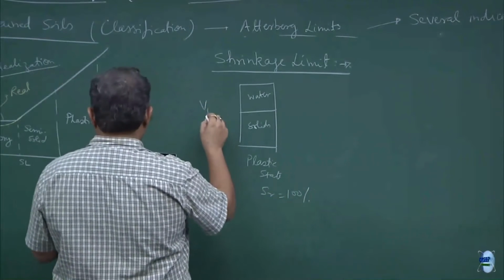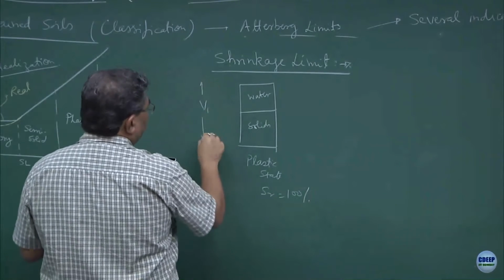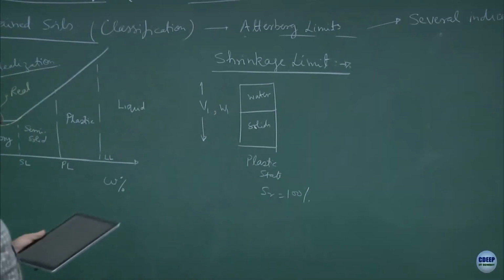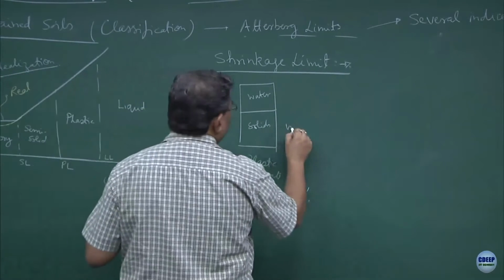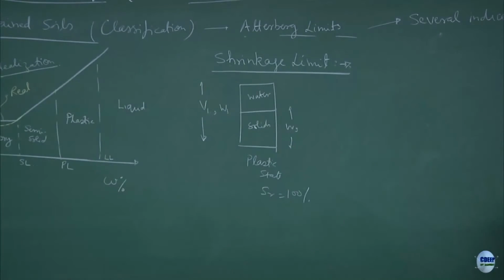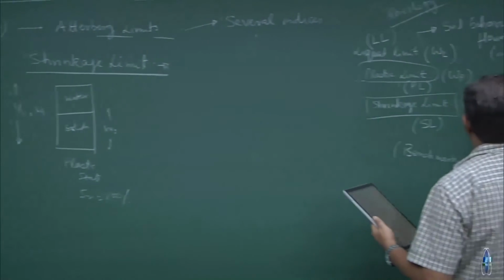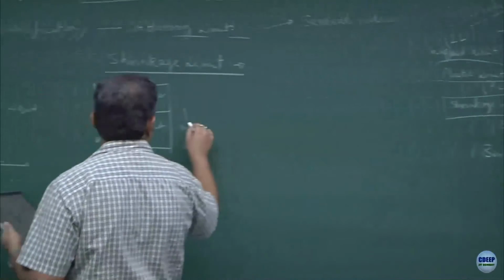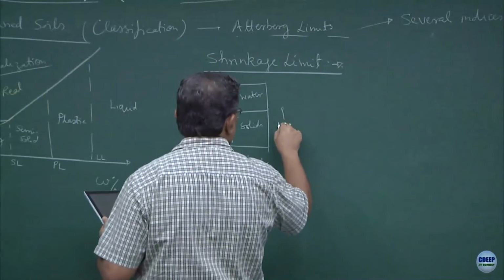V1 is the volume of the soil mass, W1 is its weight and Ws is the weight of the solids. This Ws should not be confused with the other Ws, which is the moisture content, shrinkage limit. So, this is Ws, the weight of the solids.